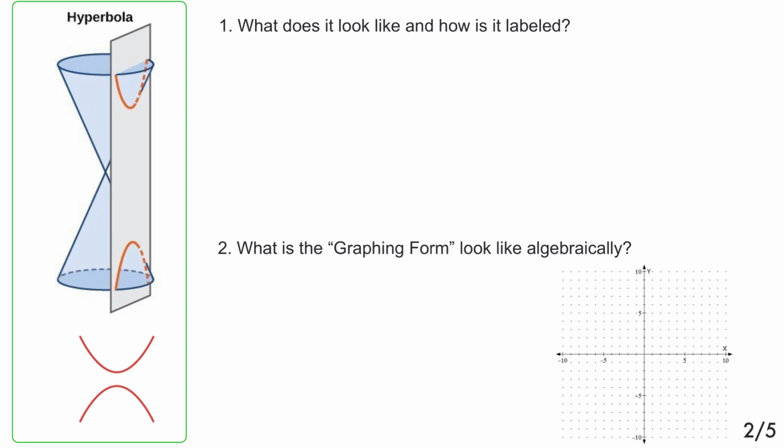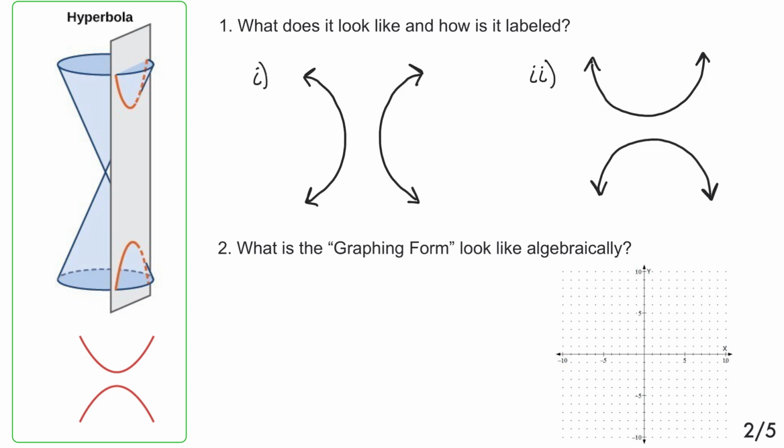The function can look like one of the following. Either it can look like the first type, where it is going in a left and right orientation, or it can look like type 2, where it's opening in an up and down orientation.